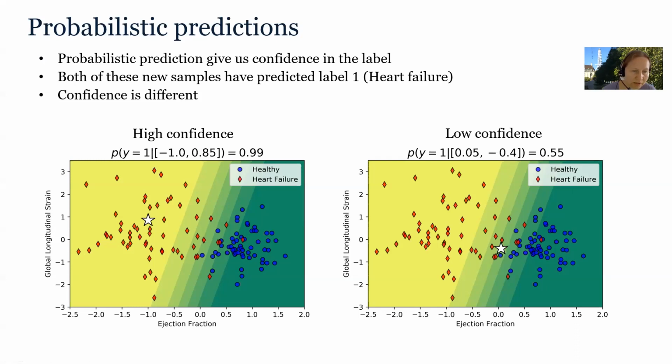So it's a very clear sample that should be labeled 1, and that's reflected in confidence 0.99. In this case, we have a sample that is surrounded by both classes. So we are probably close to the decision boundary, and the confidence is 0.55, which is low. So we can see, even though both of these patients might have heart failure, the confidence is very different.